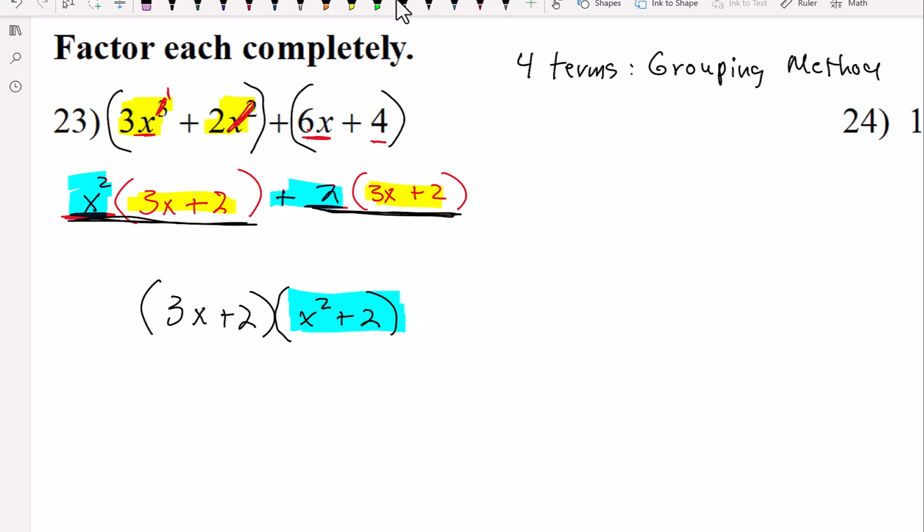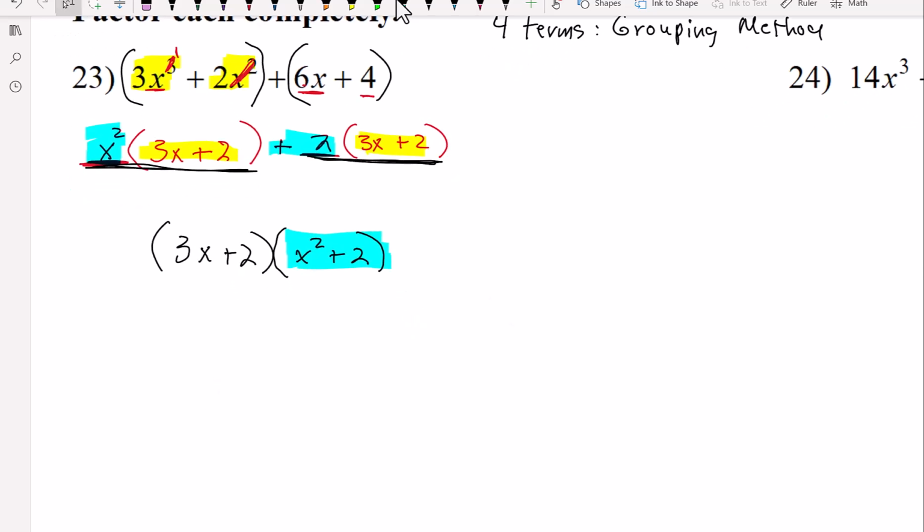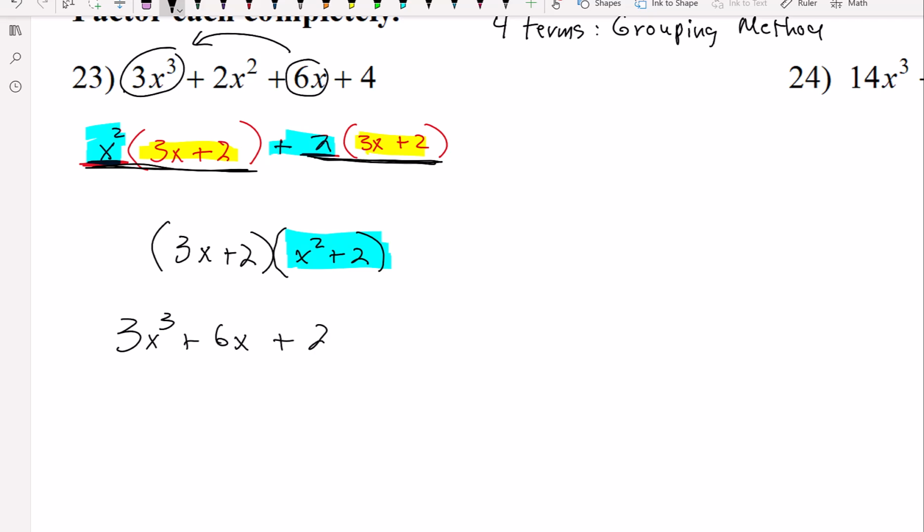Now, for some of you who might look at that and forget about 3 and 2, we could have rewritten this as 3x cubed plus 6x plus 2x squared plus 4.